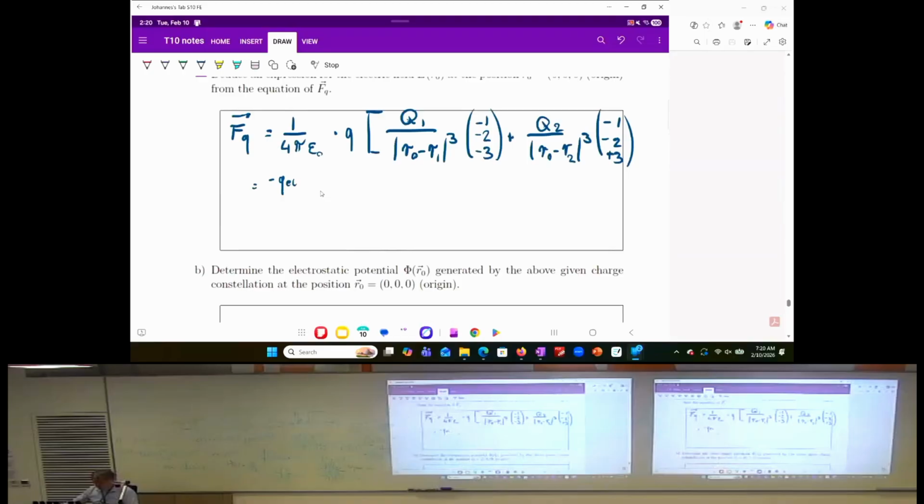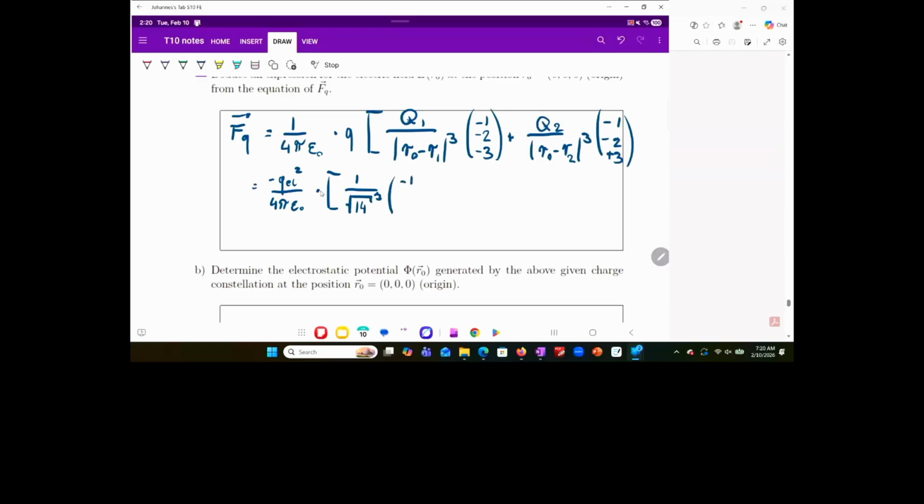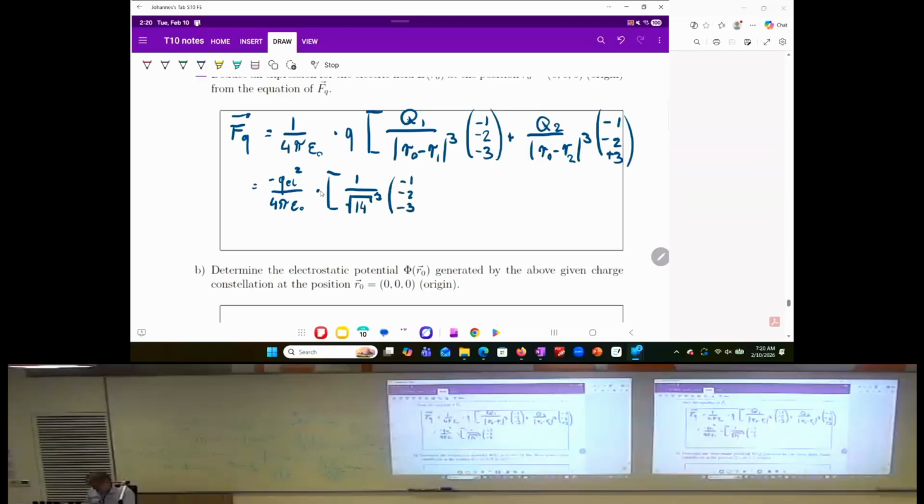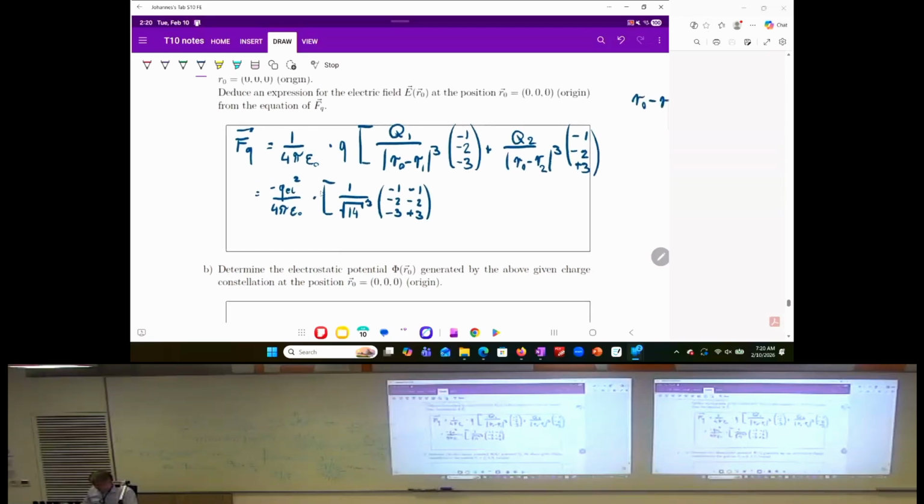So you get here minus Q_el squared over 4 pi epsilon times, and you see what's here, and you obtain square root of 14 to the power of 3 and minus 1, minus 2, minus 3, plus minus 1, minus 2, plus 3.